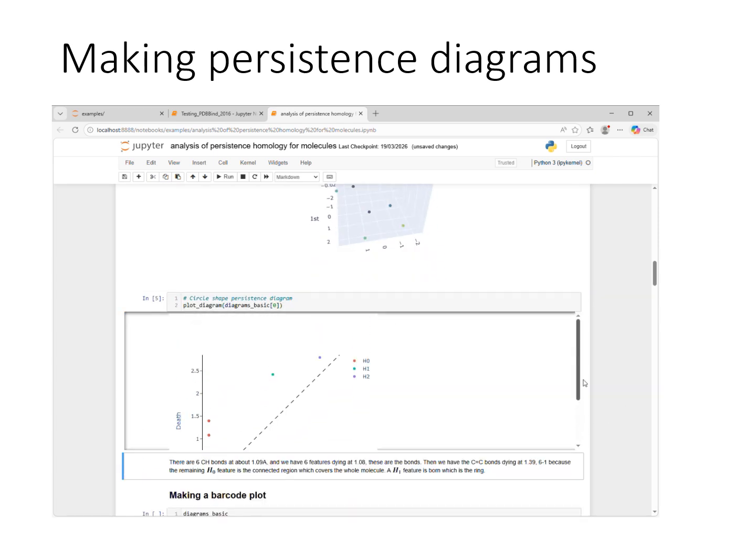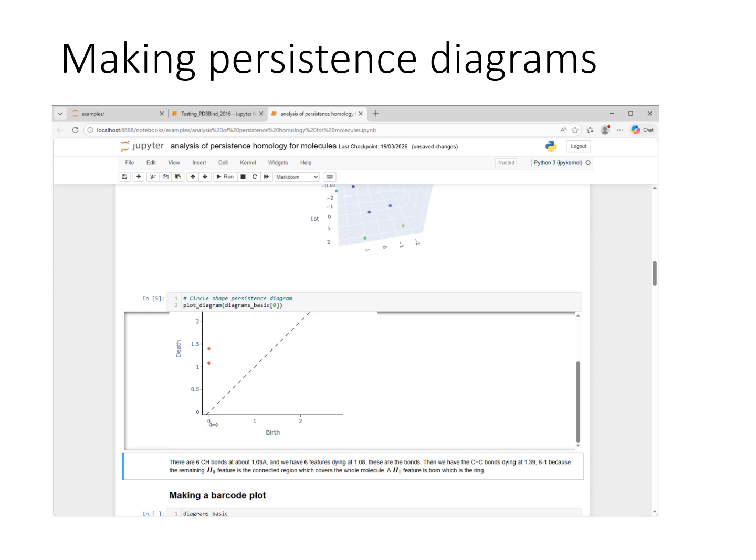Now what these do is they track the number of connected regions, H0, and the number of flat 2D holes, H1, or rings, and the number of voids, 3D voids, which is H2. What we do is we put a ball at each of the points and slowly grow the radius around the ball and see where these features merge or are born and die.